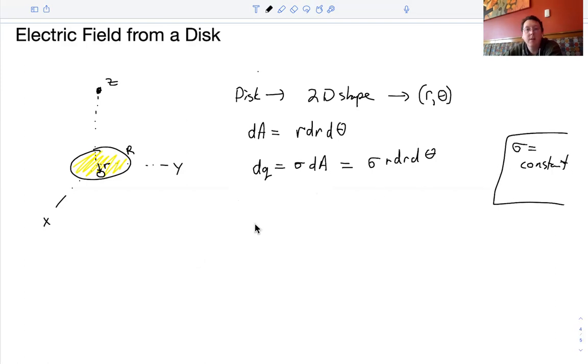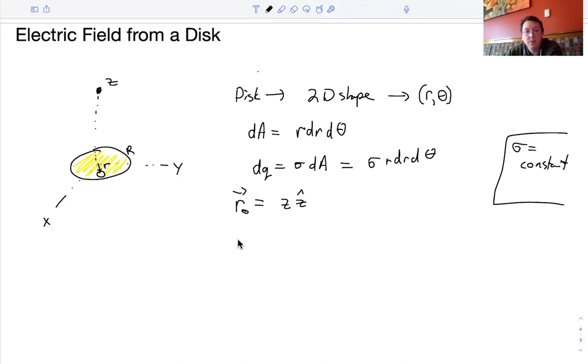Okay, so we've got dq, and this little chunk is located at a position r and an angle theta. The observer is up here along the z-axis, so that's just going to be z hat again.